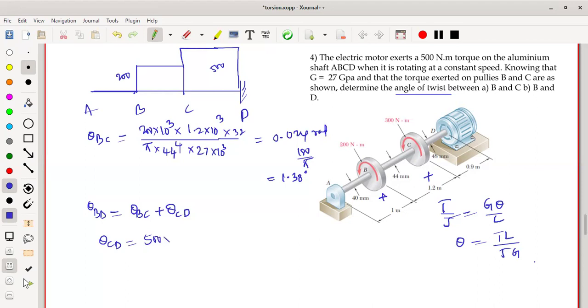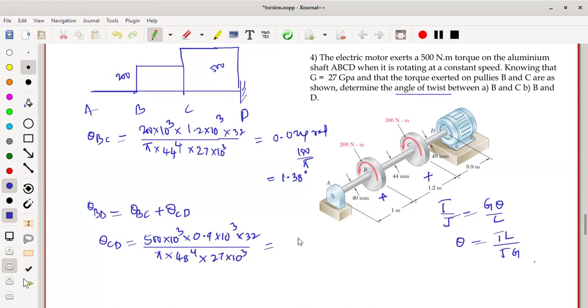is 500 into 10 to the power of 3. It is in Newton meter, so convert into Newton mm. Multiply the length of CD, which is 0.9, so 0.9 into 10 to the power of 3 again, whole divided by pi by 32 into the diameter, which here is 48, to the power of 4, into G, the same value, 27 into 10 to the power of 3.